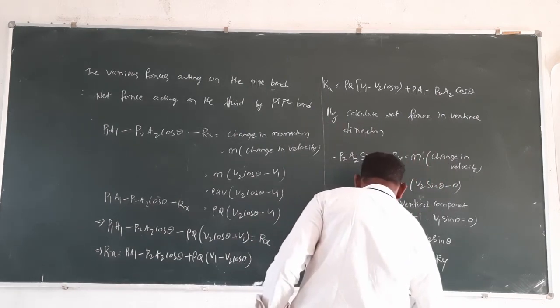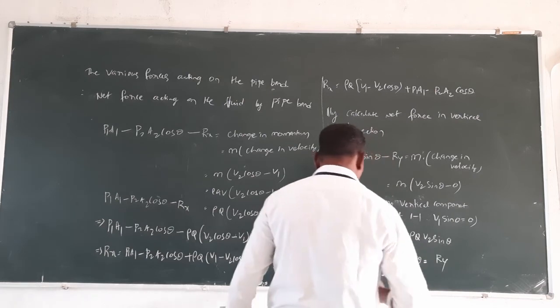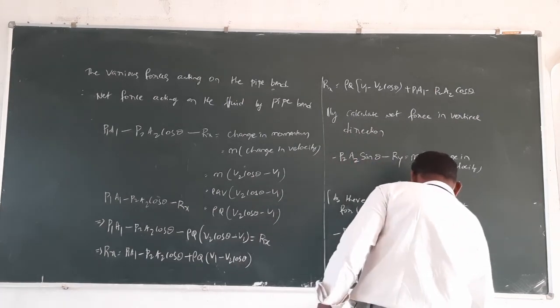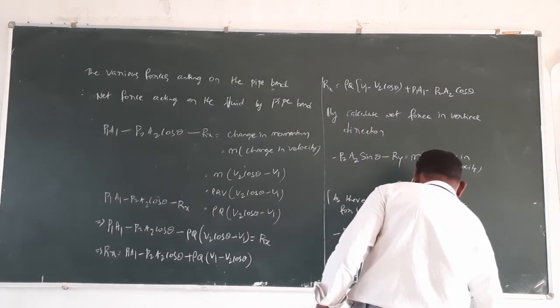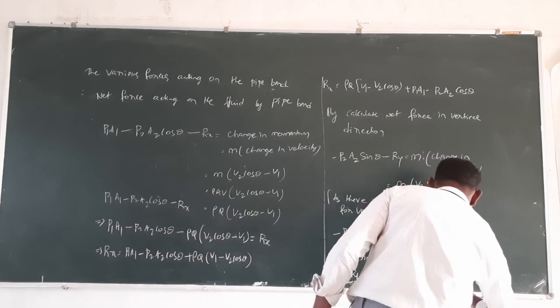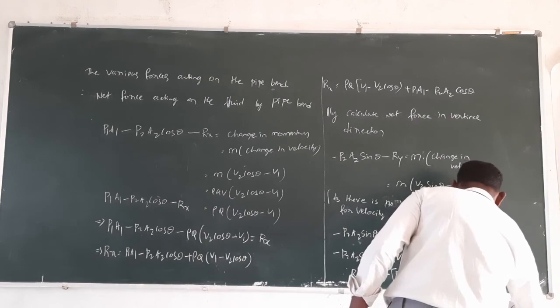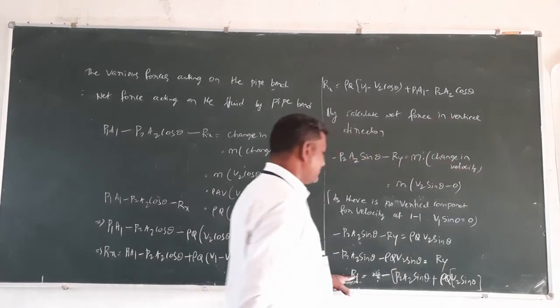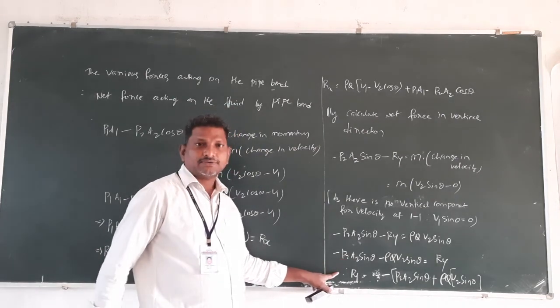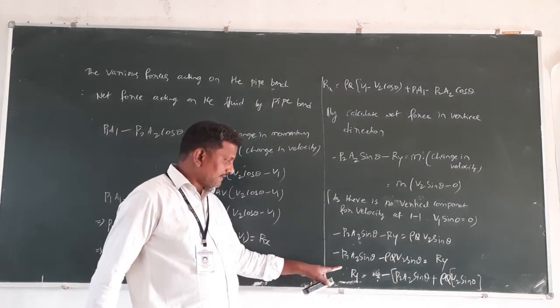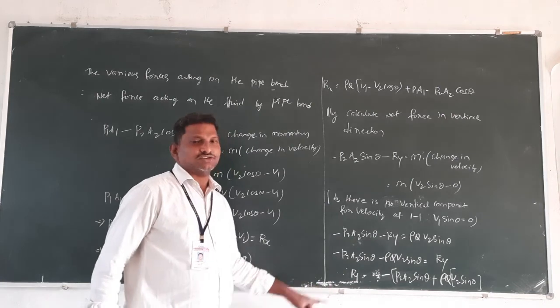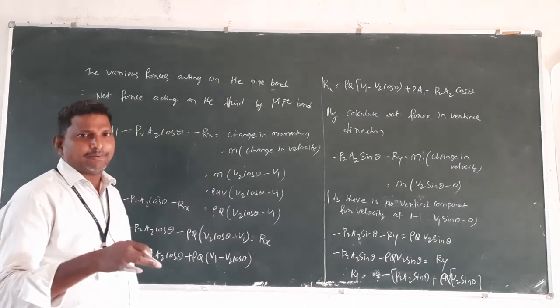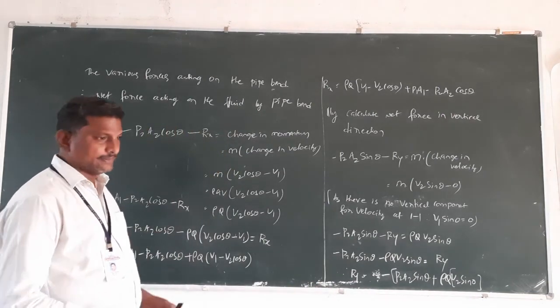Ry is equal to, taking the minus as common, minus (P2 A2 sin theta plus rho Q V2 sin theta). This is the expression for the vertical component of the reaction offered by the pipe bend on the fluid.